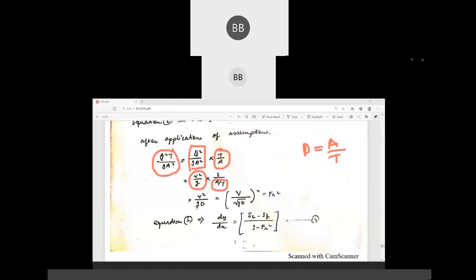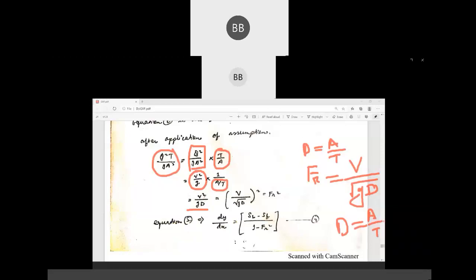Our third number is Fr, which is V by root over gD. That's actually what we are about to bring into this particular equation number 2.